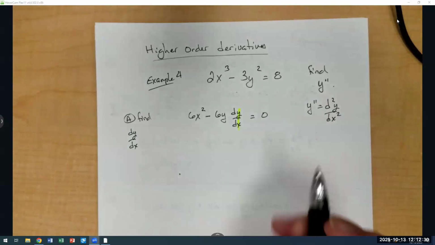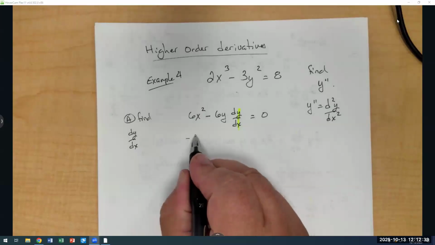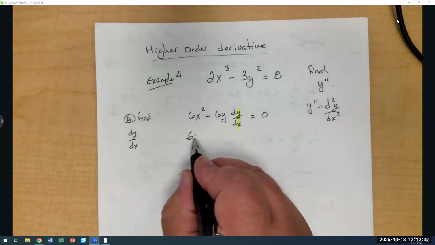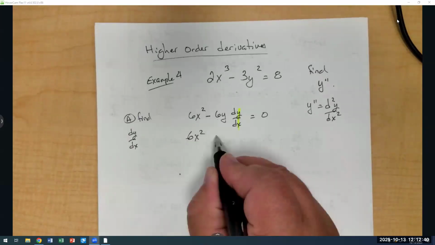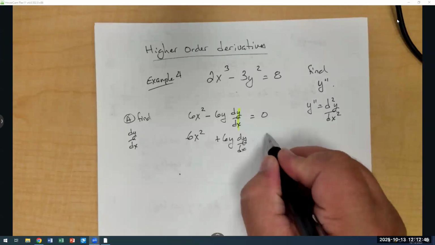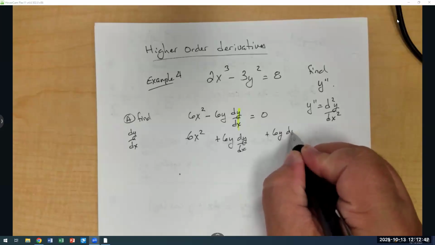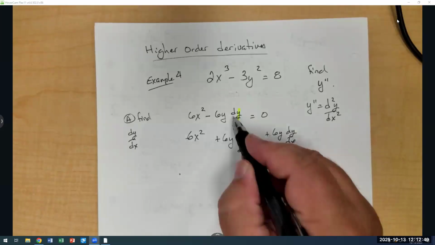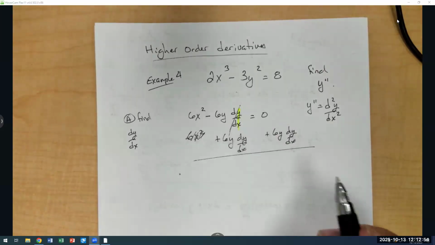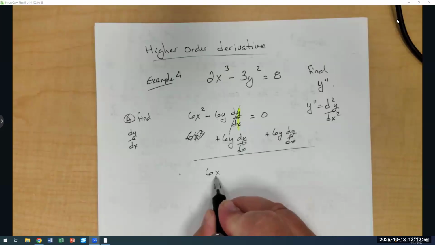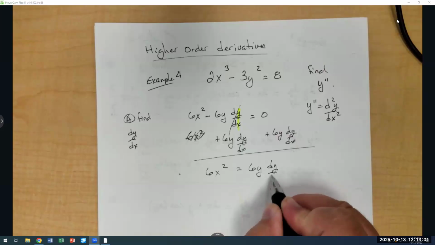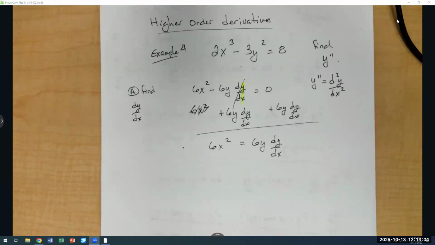Solve for dy/dx. Actually, since this is negative, I'll move that over. I'm going to add 6y dy/dx to both sides. So I have 6x squared equals 6y dy/dx.